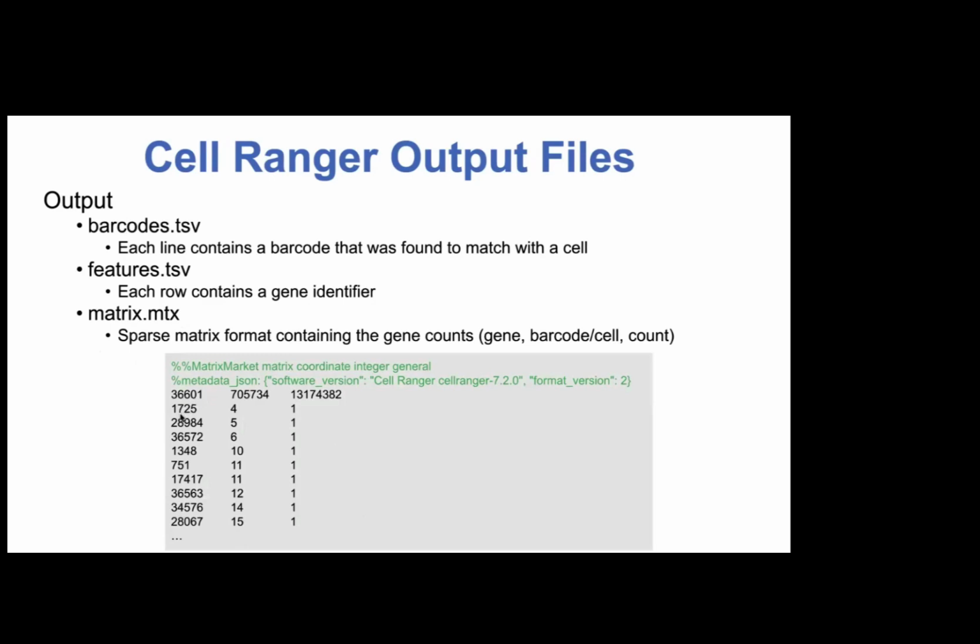I think the first one is the features. So this is like the number of features. So there's like 36,000 genes. So this is the gene 1725 relative to the features row. So the features is just the genes, and this refers to the row in that feature file.